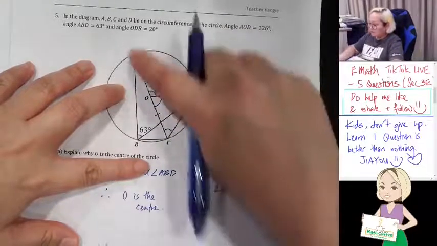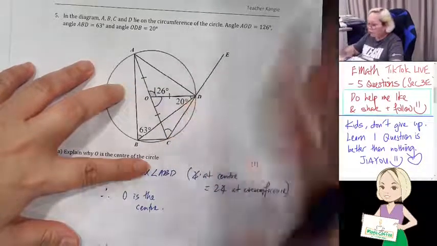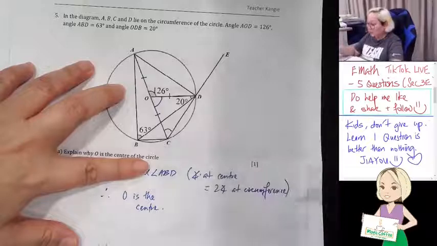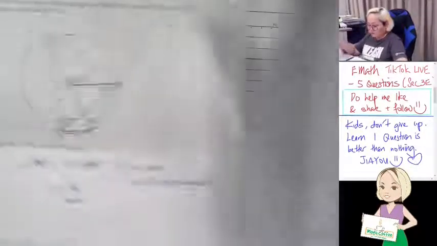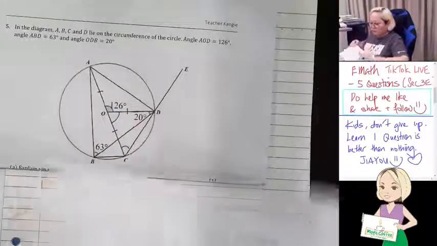And later, this is the diameter, so we know that this is a right angle triangle. So you need to state the reasoning. This is how you write the statement. Let's continue here first.